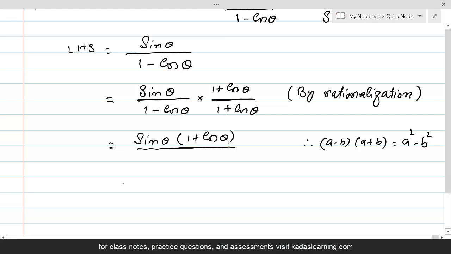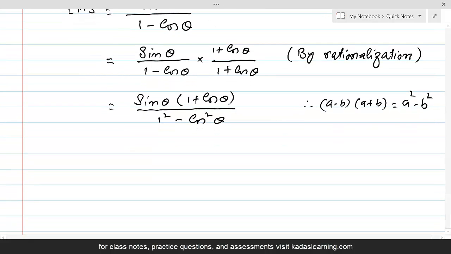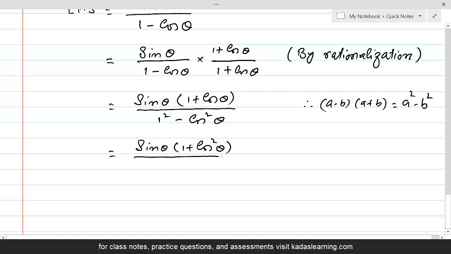We just recently used in a question. So this will become equal to 1 square minus cos square theta. And now this is sine theta into 1 plus cos theta over, if we take a look, this is 1 minus cos square theta.